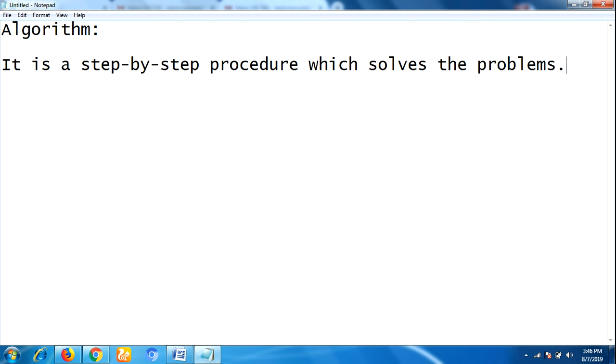Then what are the characteristics of an algorithm? There are different characteristics of an algorithm.